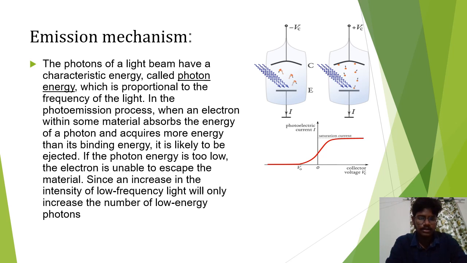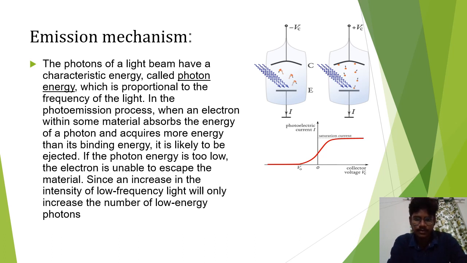If the photon energy is too low, the electron is unable to escape the material, since an increase in the intensity of low frequency light will only increase the number of low energy photons.